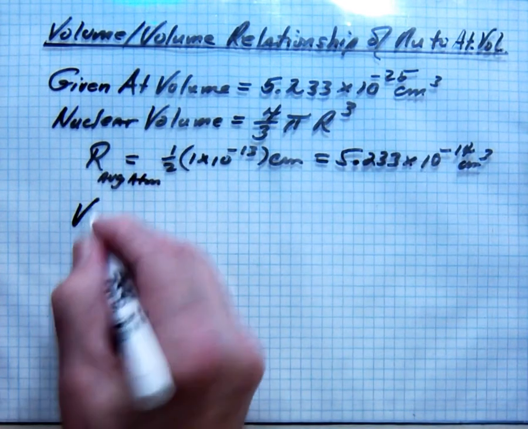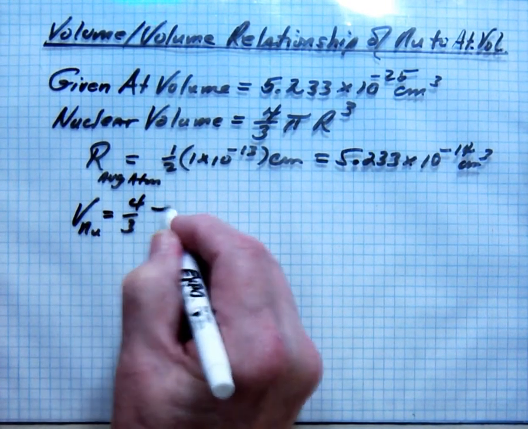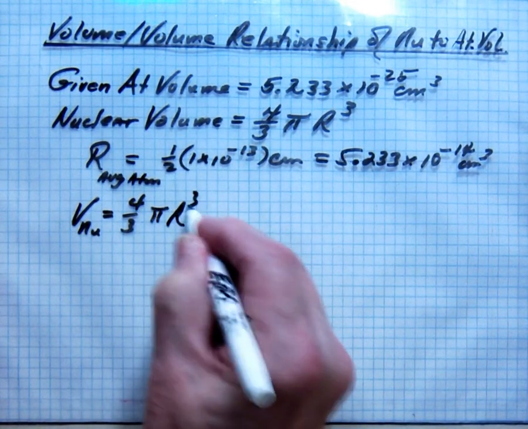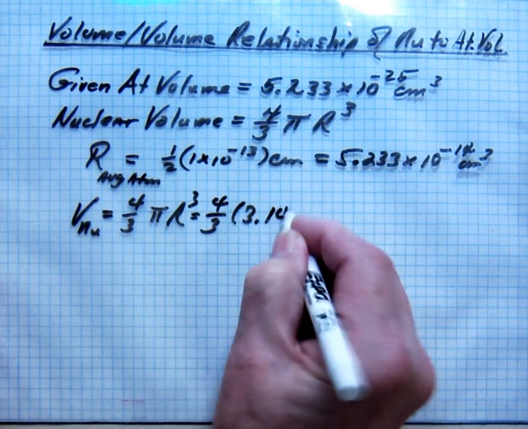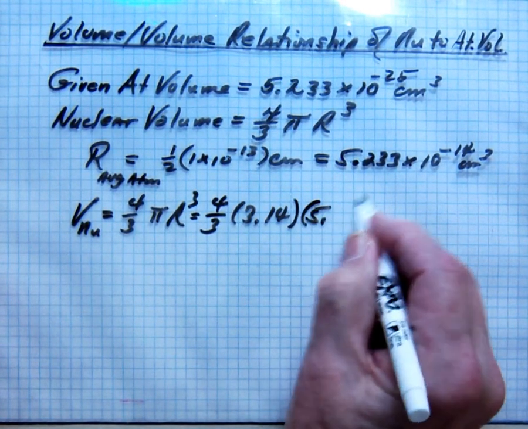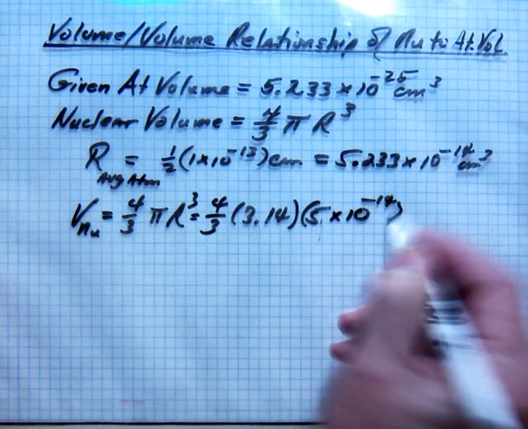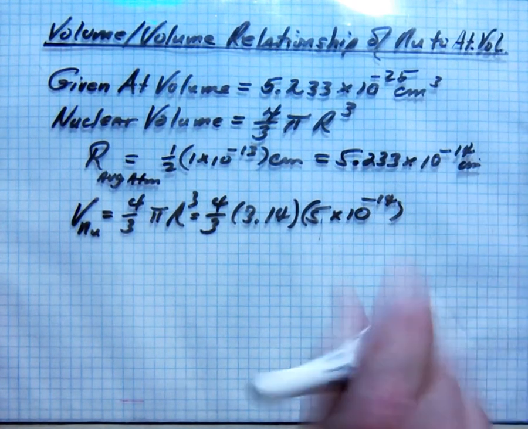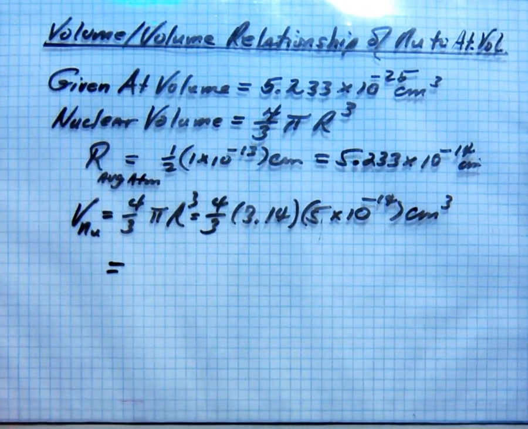So the volume of one nucleus is 4/3 pi r cubed, and that's 4/3. I'm going to use just 3.14, and then 5 times 10 to the minus 14, cubed. Come to think about it, that's not cubed right there. All right, now we've got the right number.